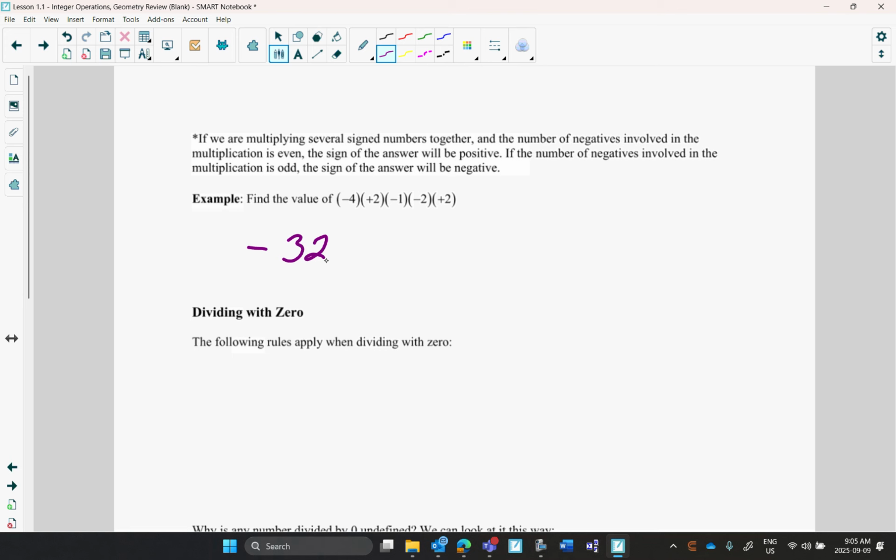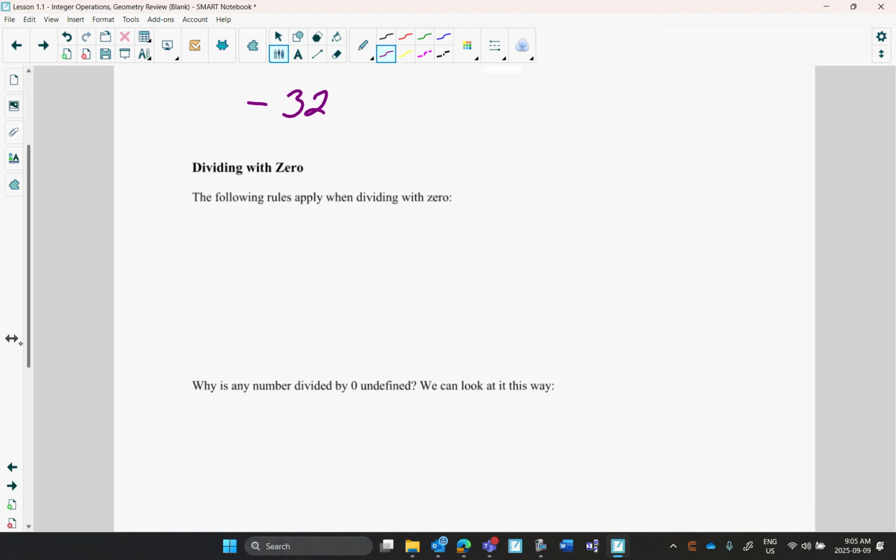This next one may be something new to you. I'm going to say 0 divides 7, and 7 divides 0. It all depends on whether we're dividing 0 by a number or dividing a number by 0. 0 divides 7.